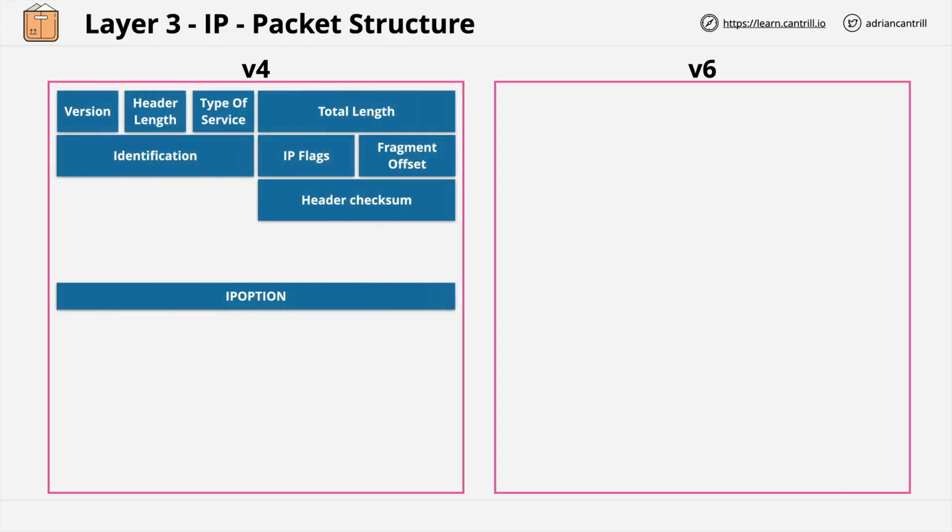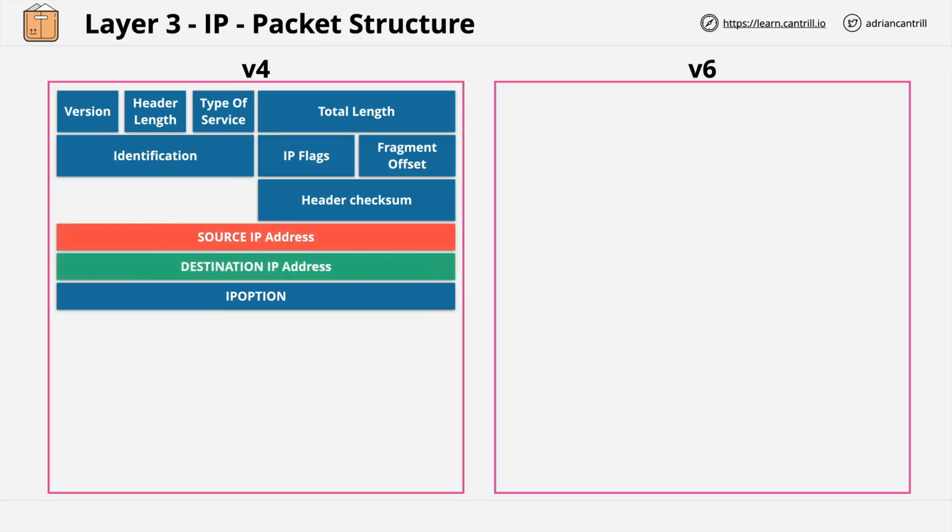I'm not saying any of these are unimportant, but you don't need to know exactly what they do at this introductory level. Things which are important though, every packet has a source and destination IP address field. The source IP address is generally the device IP which generates the packet, and the destination IP address is the intended destination IP for the packet.